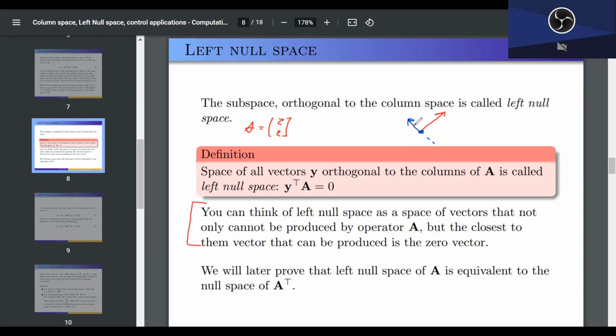Like this, for example, is even further apart from what A can produce. Okay, so that would be left null space of A in this case. As a basis in the left null space of A, would be, I believe, something like minus square root of 2, square root of 2. Something like that.